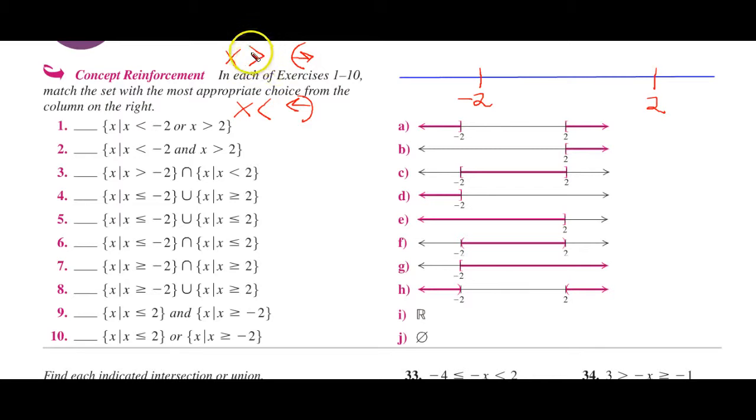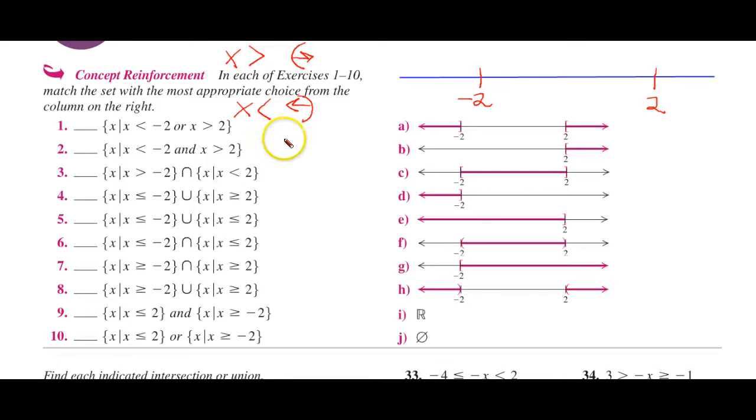And this indicates that that value of x is not included in the set. You put the parenthesis to indicate that's sort of where it starts, but it's not included in the set.